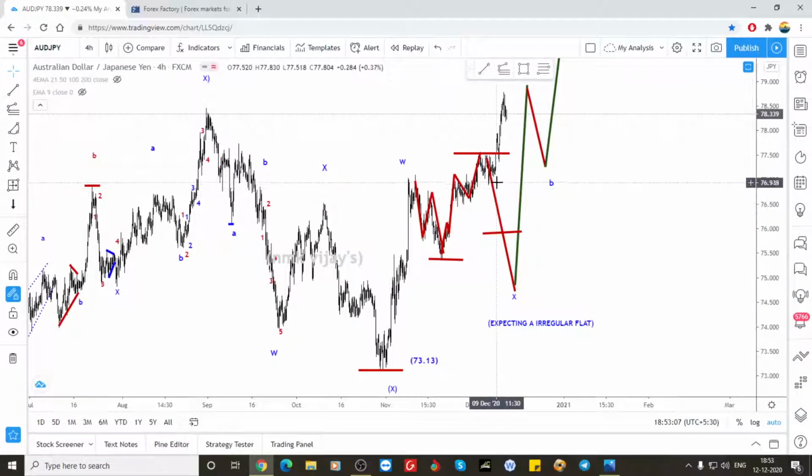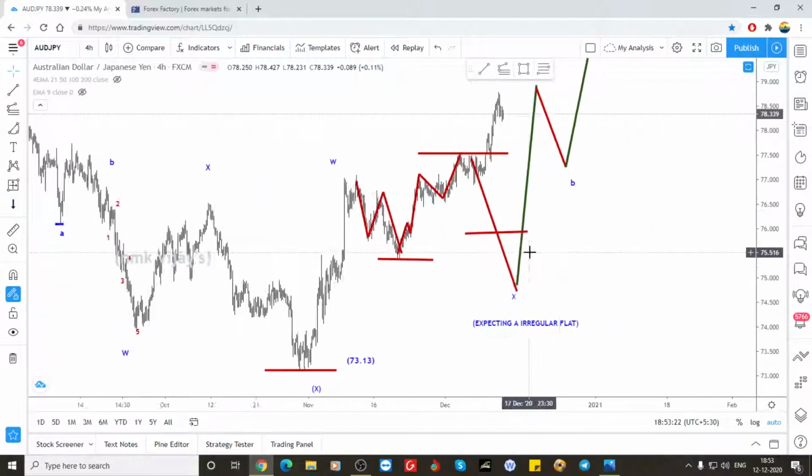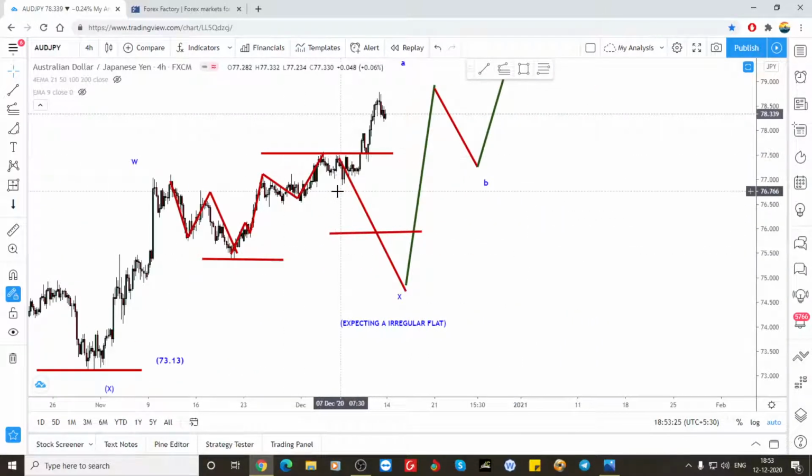So as I said here also, if we take this as 5 waves, again there is a lot of chances for the three-wave structure. We can make this as X, A, B, C, one more high is possible, but what it did here is a small retracement.